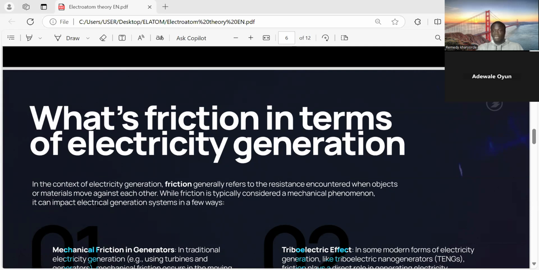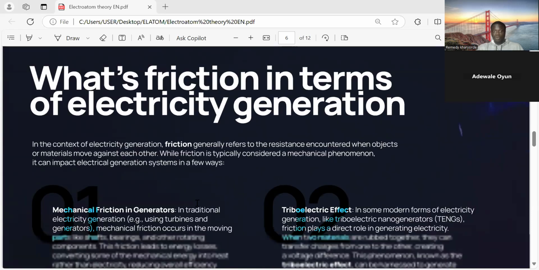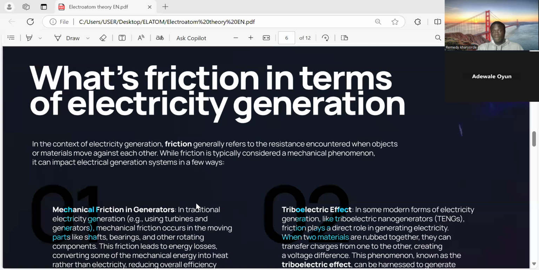It can impact electrical generation systems in a few ways. So what are the ways in which friction can impact electrical generation? Because it's been said that friction occurs when two objects move against each other. So more like you snap. It's a friction. The friction occurs during that time too.